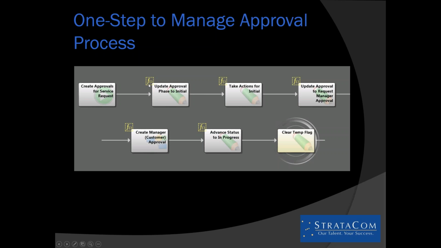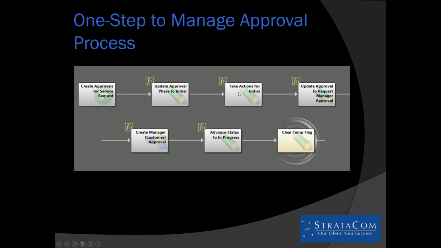There's an expression on this so it only happens when it is a new record, when the approval phase has not been initiated. And one other thing that it does is also set a temporary field, temporary being not stored in the database, to true to indicate that I have set this status at this time in this one step.